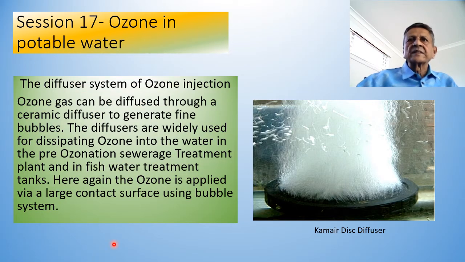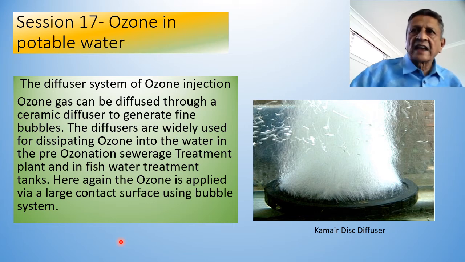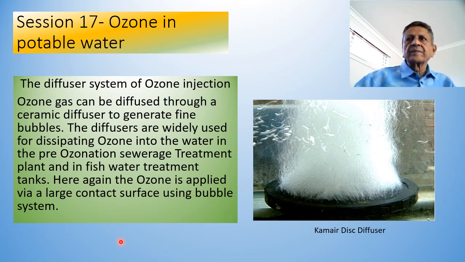An alternate method of diffusing a gas into the water besides the venturi is by using disc diffusers. A disc diffuser is actually made of sand and special glue, and the holes in the disc are very, very fine.